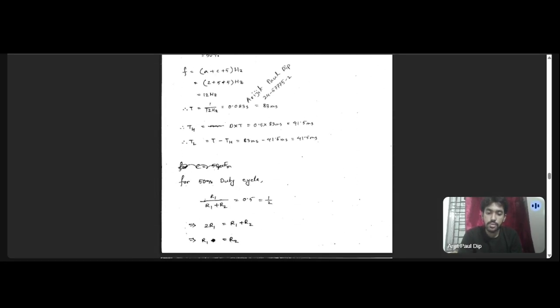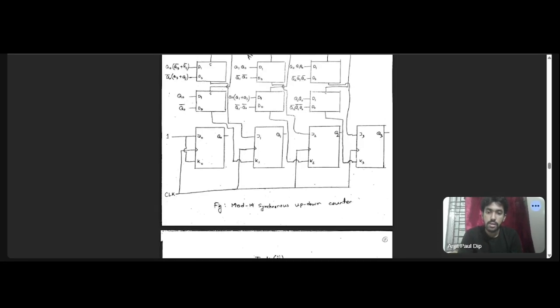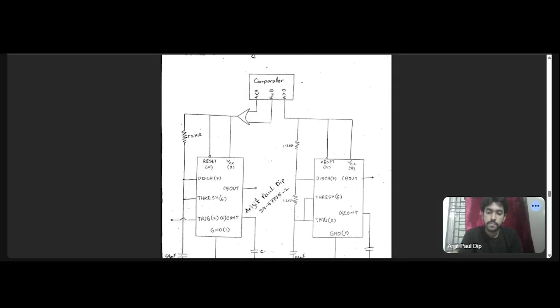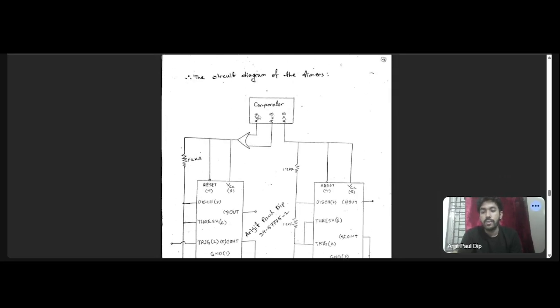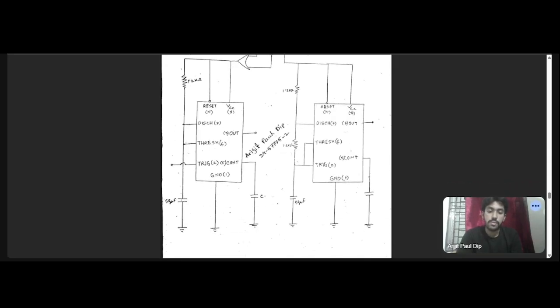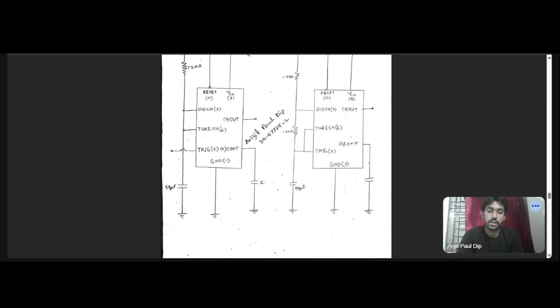In task 2, when A is greater than B, then the monostable timer gets activated.